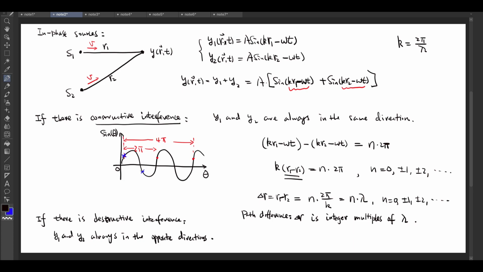Now these 2 points at this instant, this point is positive, this point is negative, and they have the same magnitude. When we add up these 2 points, they will cancel out. At another instant, let's say this point goes down, then that point will go up. They will cancel again. And the condition for that is that the distance between these 2 points is pi, in units of theta.